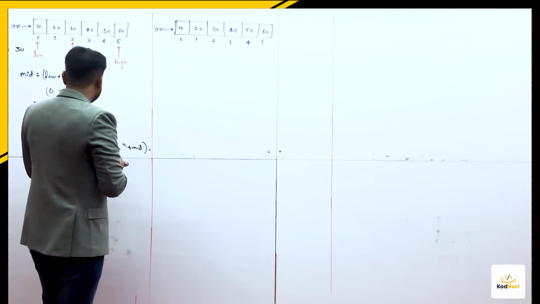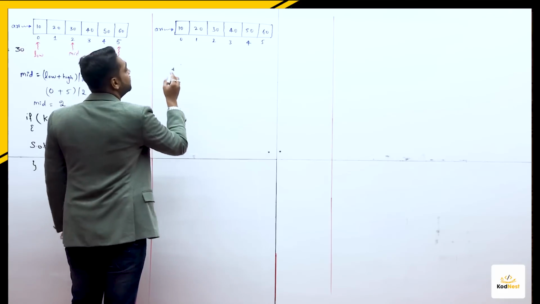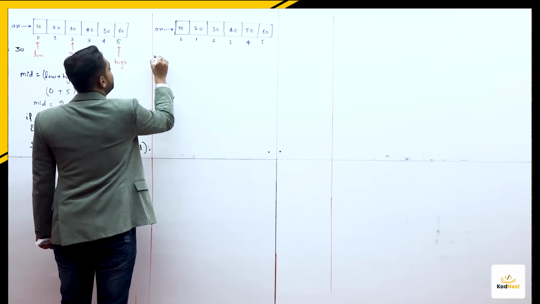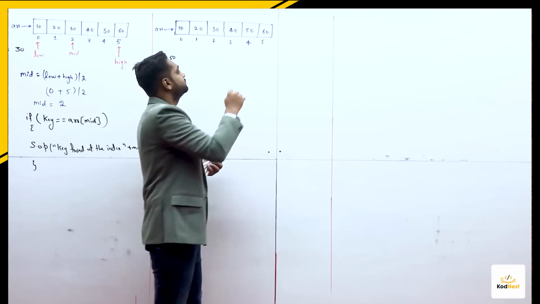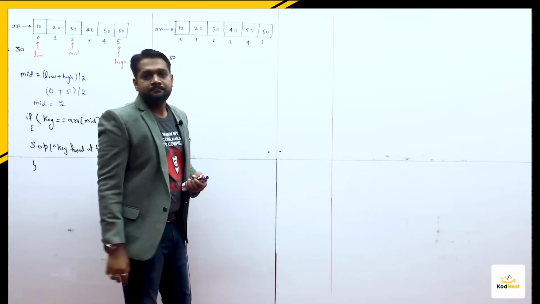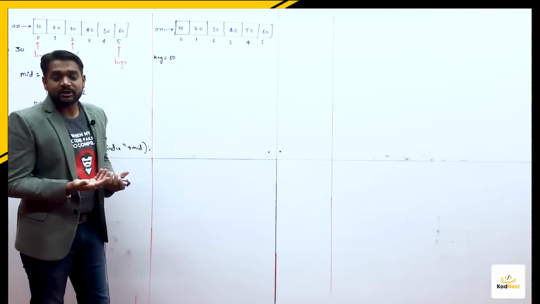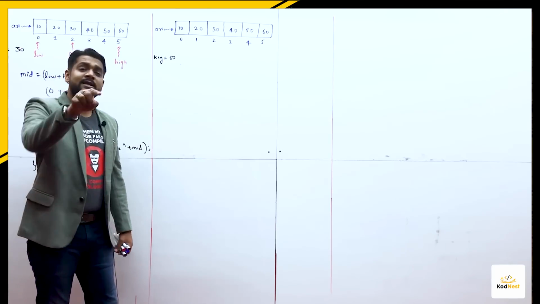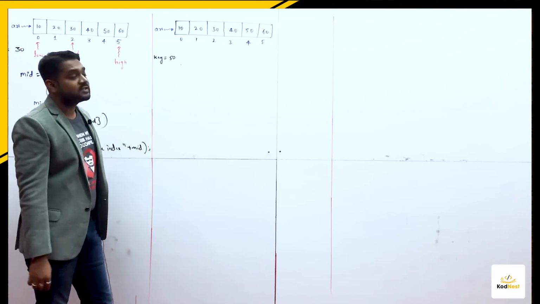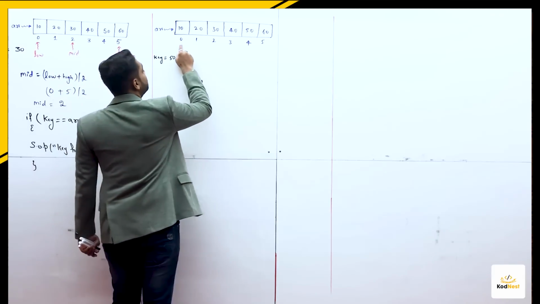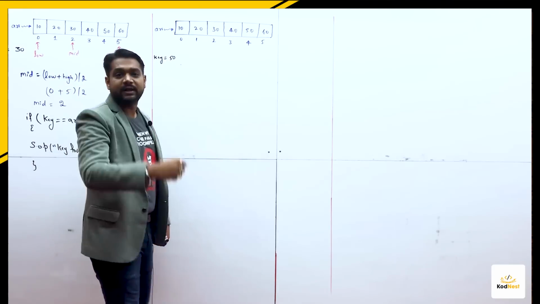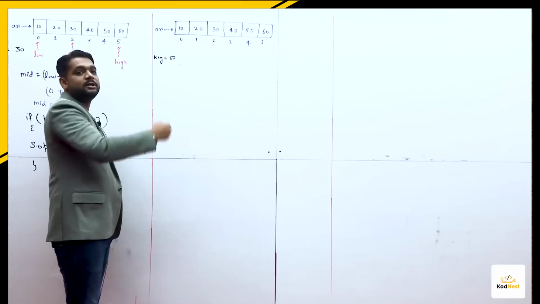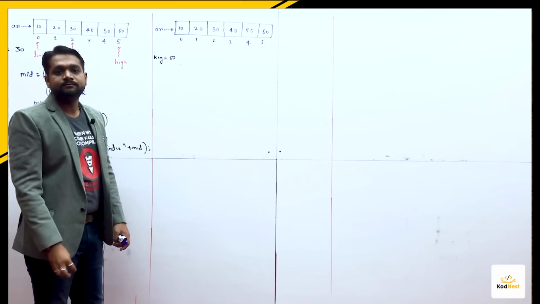This time, because you are telling, sir, change the key, I will make key as 50. Say supposing I want to search 50. Whether it is present or not, I have to search. In linear search, how many comparisons I would have made? 1, 2, 3, 4, 5 comparisons it would have taken to search whether 50 is present or not.